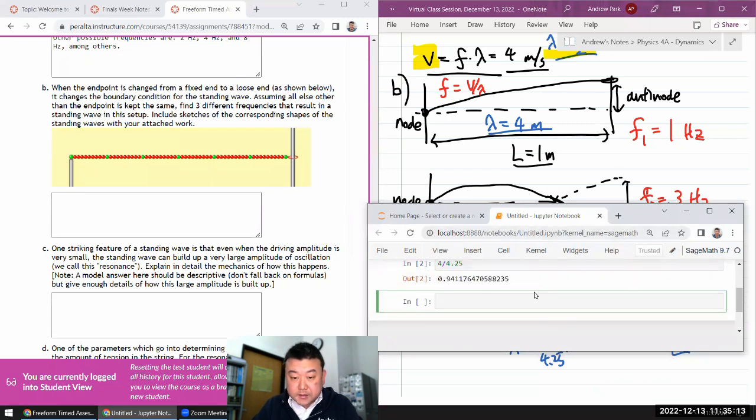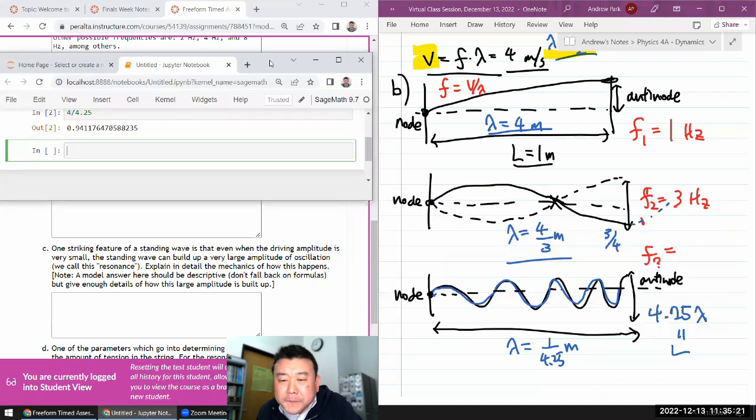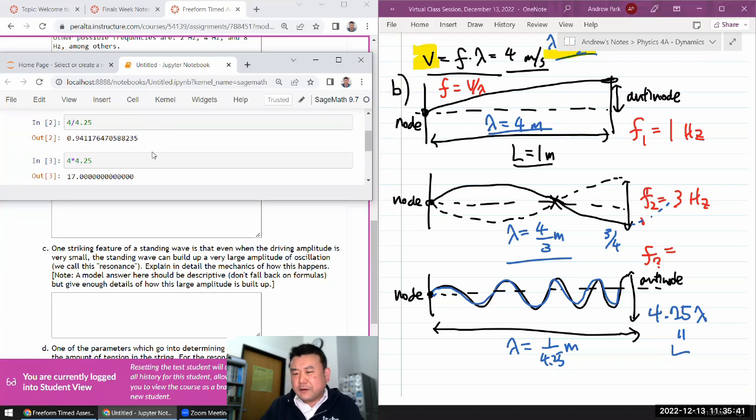So that is 0.941 hertz. That doesn't sound right. What am I doing wrong? Oh, wait. I'm not dividing by this. I'm dividing by this, which means actually multiplying by 4.25. So 4 times 4.25, or divided by 1 over 4.25. Okay, so that gives me 17. Okay, that looks about right.